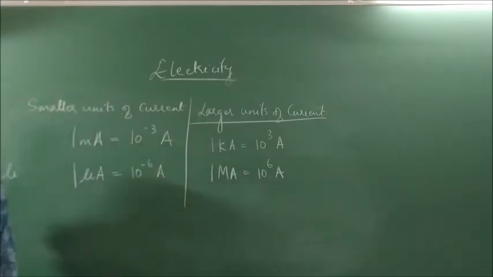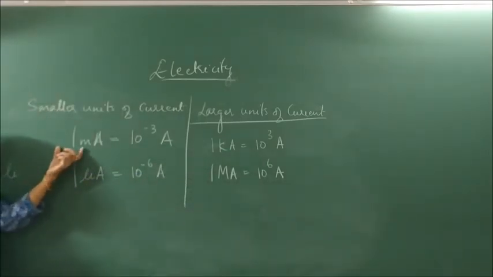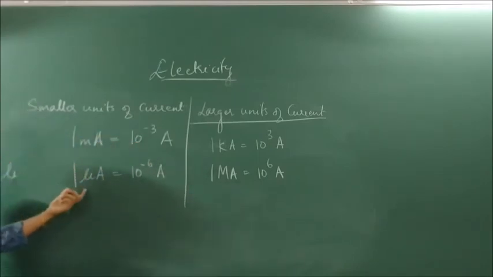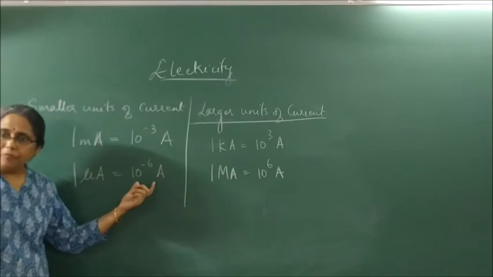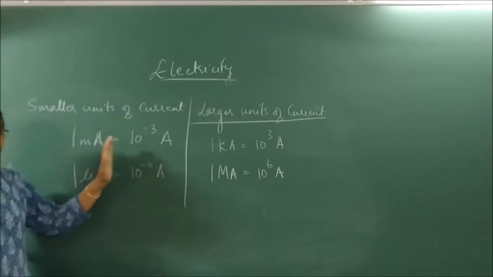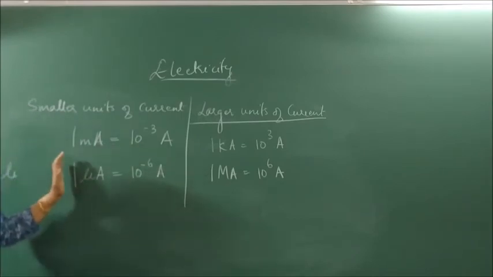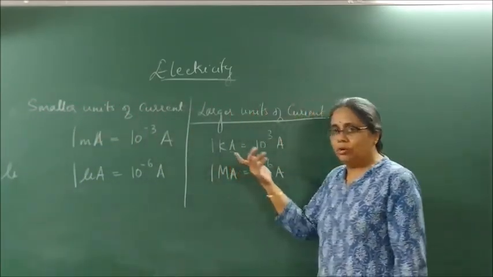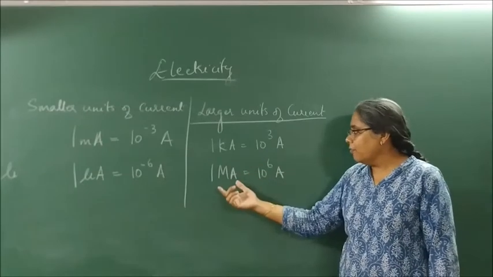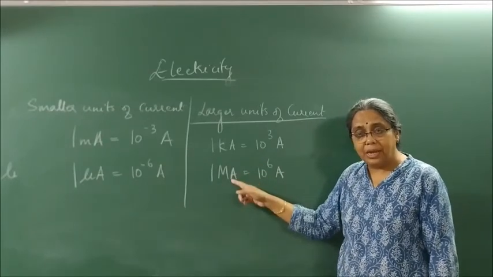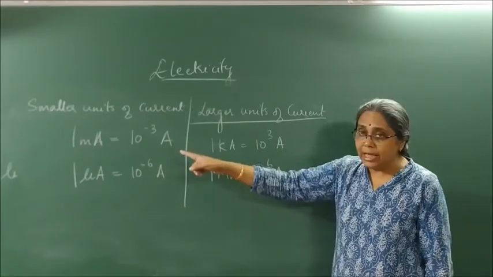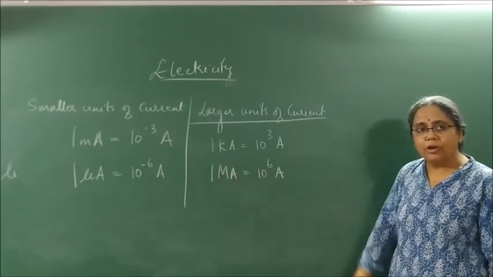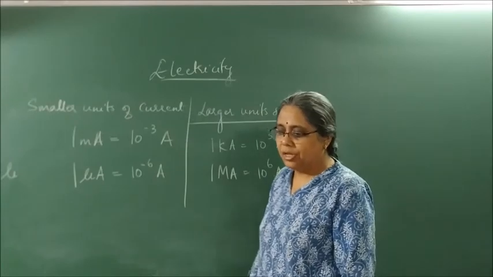I have just taught you simple units. 1 milliampere is 10 to the power of minus 3 ampere, 1 microampere is 10 to the power of minus 6 amperes. These are all smaller units than ampere. Larger units of current: 1 kiloampere, you know kilo is 10 to the power of 3, and 1 megaampere, capital M is mega, small m is milli, is 10 to the power of 6 amperes.